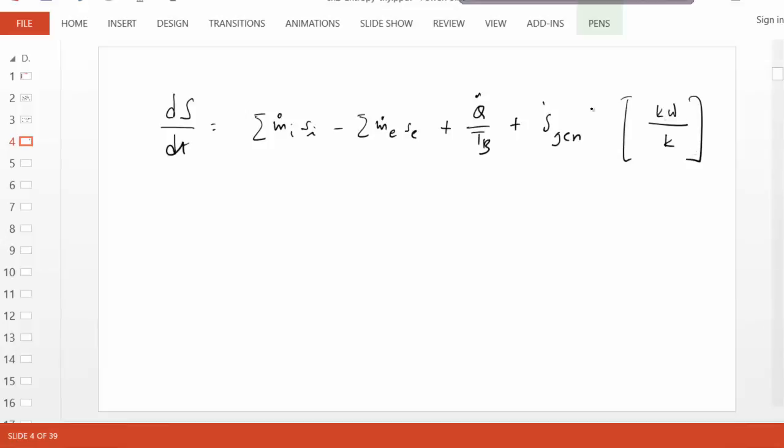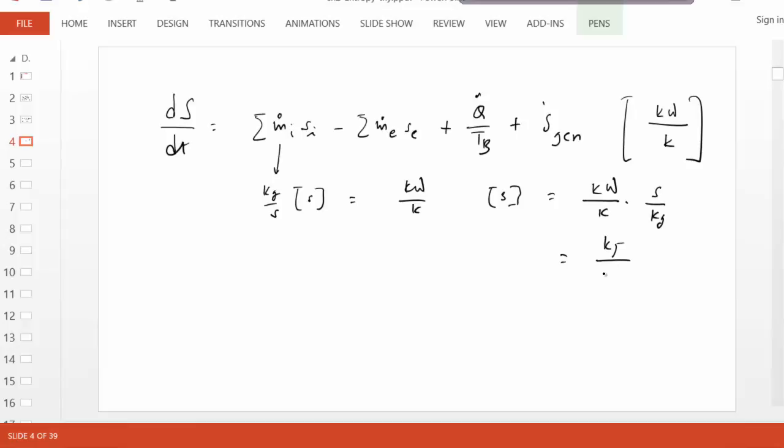So therefore, you can figure out the entropy unit. For instance, m dot must be kg per second. So the unit of entropy rate together must be kilowatt per Kelvin. So the unit of specific entropy must be kilowatt per Kelvin, per second kg.